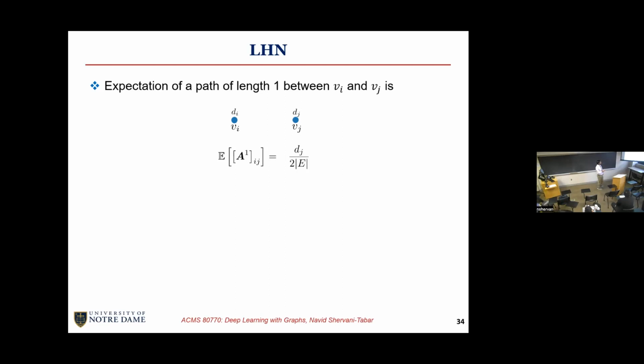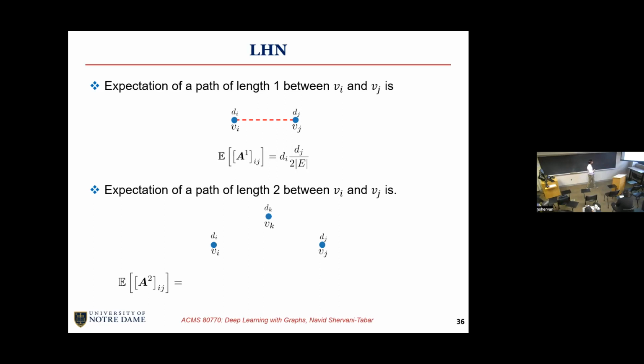And then I have Di that are coming from node Vi. So there's a probability of Di times Dj over 2E that there's an edge connecting nodes Vi and Vj.